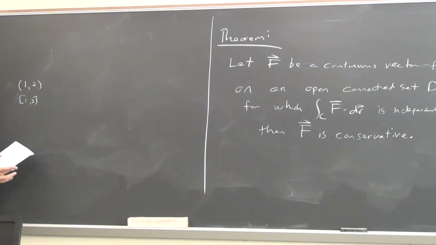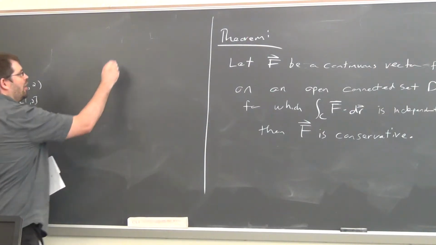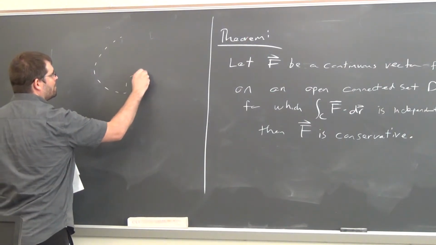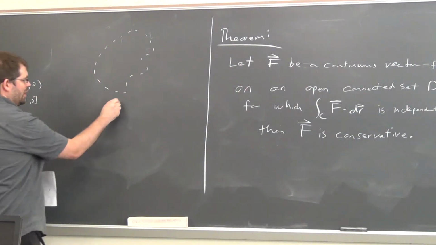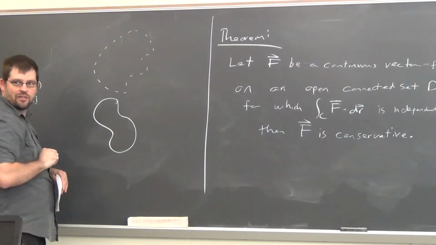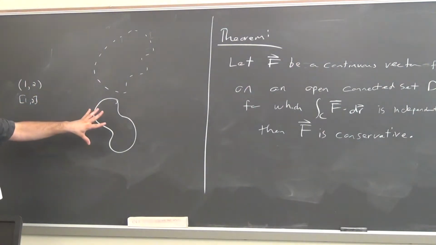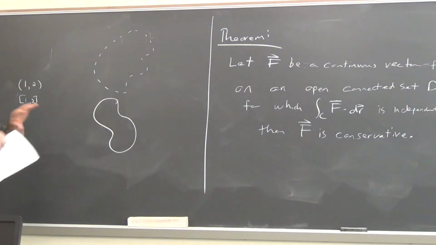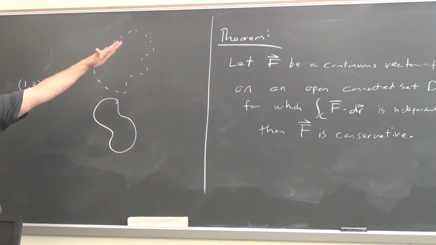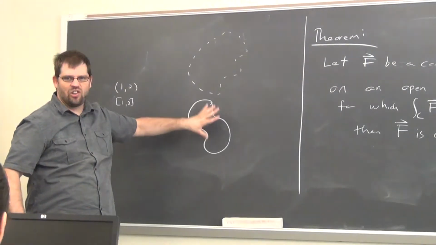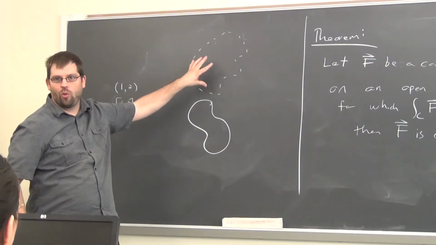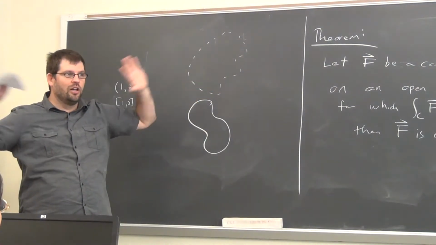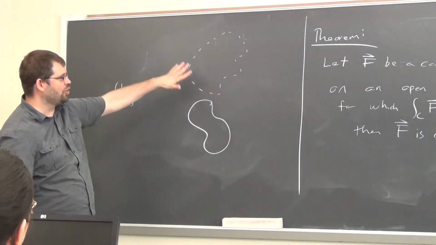If you think of something in 3 dimensions, open just means you don't include the edge, and closed means you do include the edge. Does that make sense? So that's all that means. If you can go out to infinity in directions, that's considered both open and closed in some sense. But essentially, for our purposes, we can think of it as open. If you can go out everywhere or far in one direction, that's open.